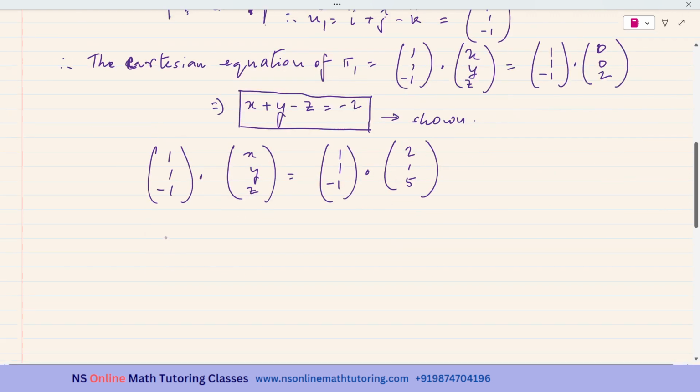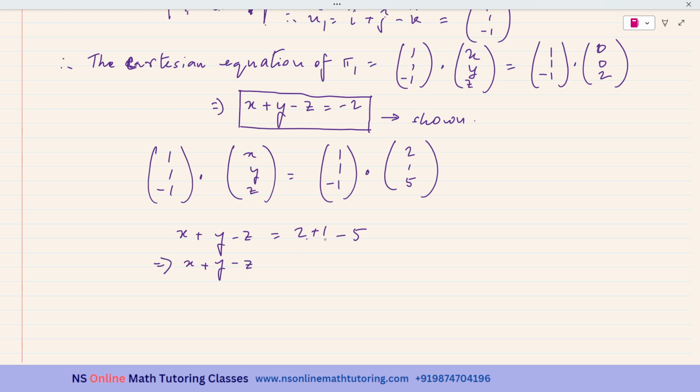So you will be having this thing as x plus y minus z equal to 2 plus 1 minus 5.